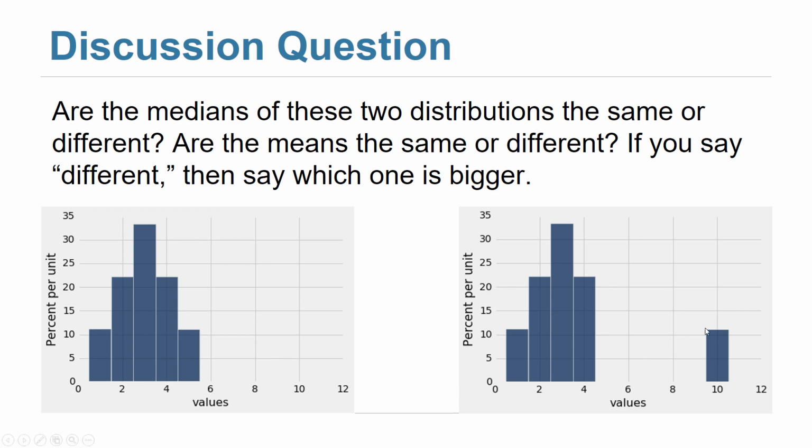If I put the balance point somewhere here, it will fall down the right side. If I put it somewhere here, it will fall down the left side, because the left side will be heavier.